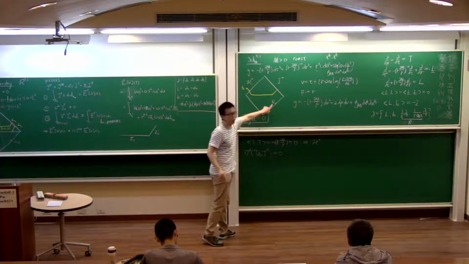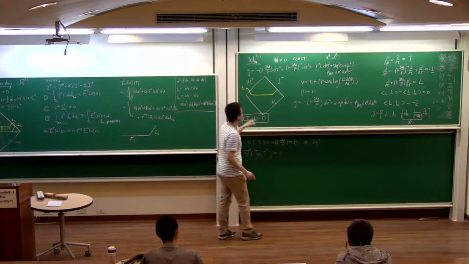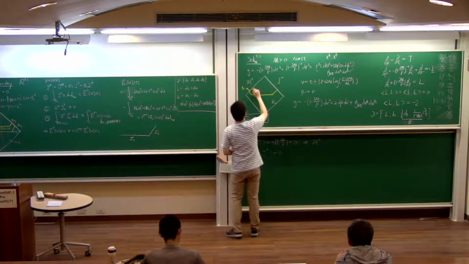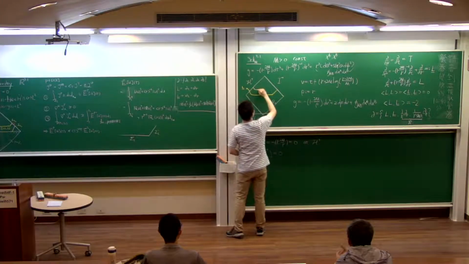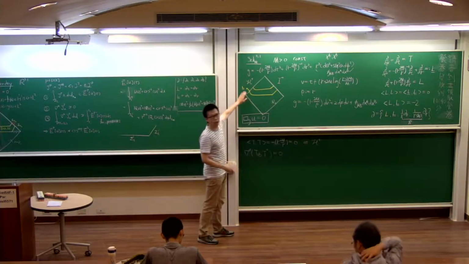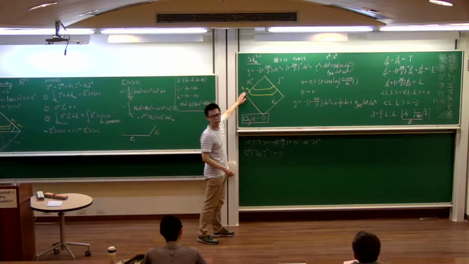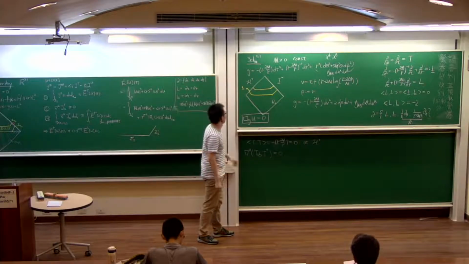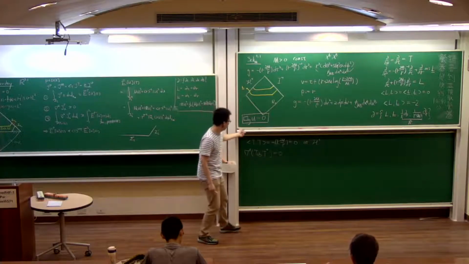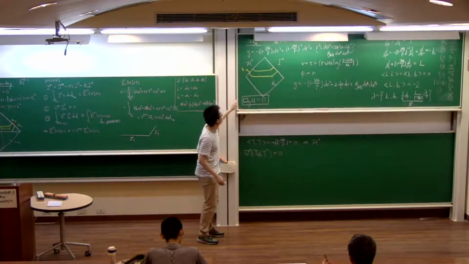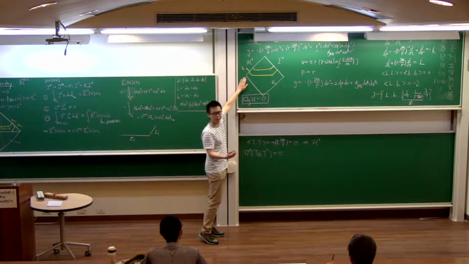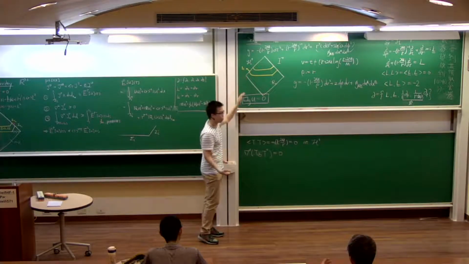We still fix a large radius R0. After R0, we want the slice to be null. Before it, we want it to be space-like. Furthermore, we want it to intersect the event horizon transversally. The reason we don't want to go to here, the bifurcation sphere, is that T is now along the horizon, which is not good, but at the bifurcation sphere this vector is actually 0, so it's even worse.